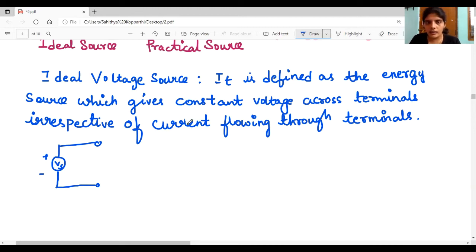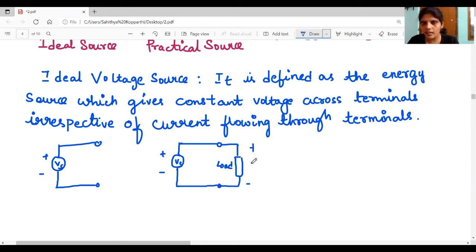The explanation for the above definition is: suppose we connect a voltage source across a load, where the voltage across this load is VL and the current is IL.